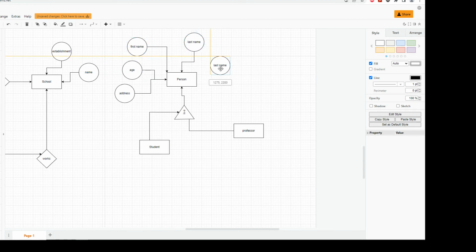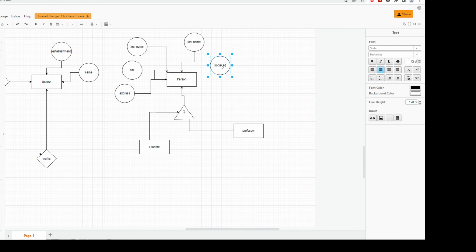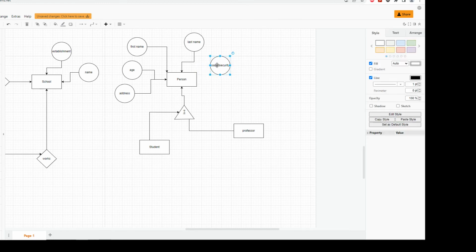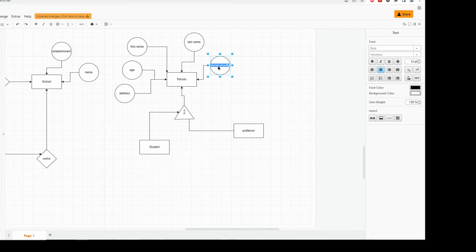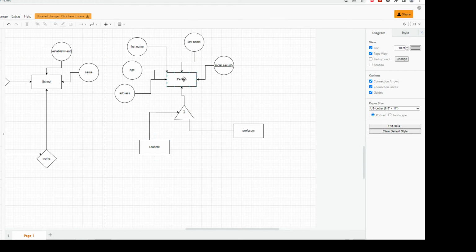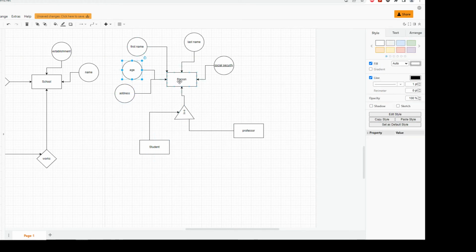So you can have social security number as the key or the strong attribute that can be used to describe any person. So social security number would be your key attribute. You would have this and you would just underline it. That's how you represent a key attribute. Alright, cool. Whenever you see this diagram, that means all these attributes of the supertype will be inherited by the subtype.